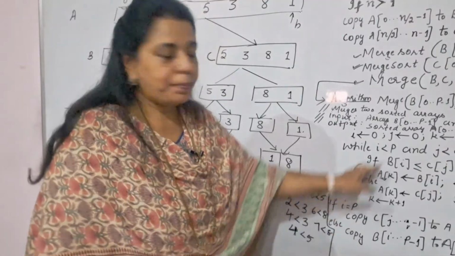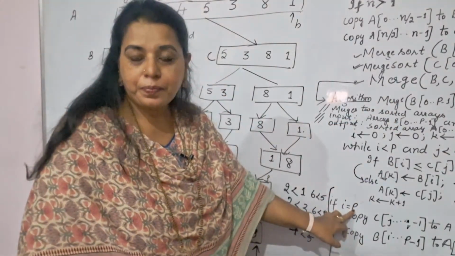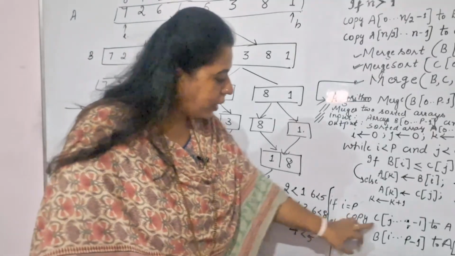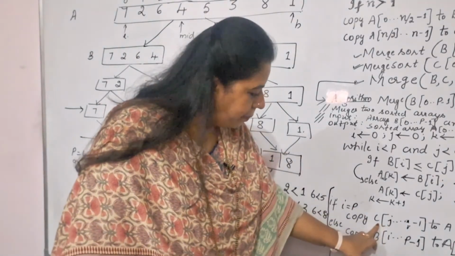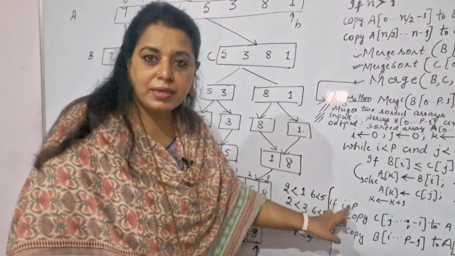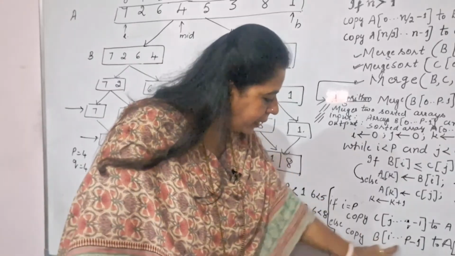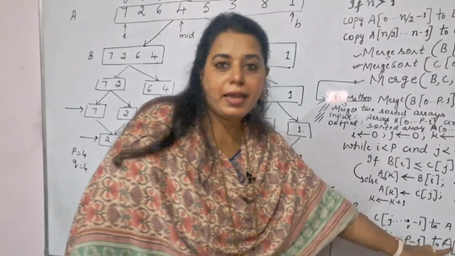That logic is there as a part of the merge function itself. You can see here, if I equal to P, then copy whatever are the elements in the C array to the A array. Else, if I is not equal to P, then copy down all the remaining elements of the B into the resulting array A.